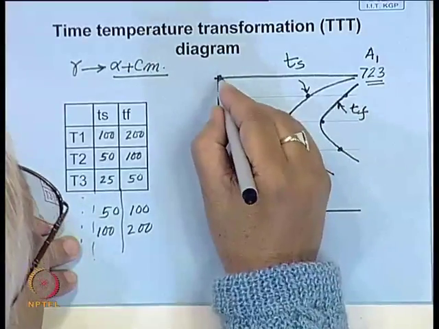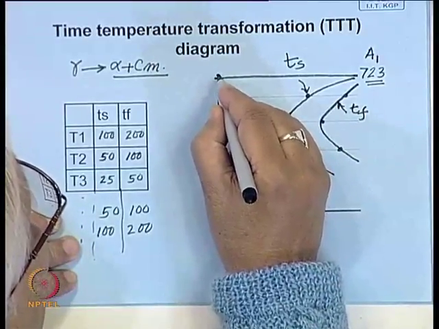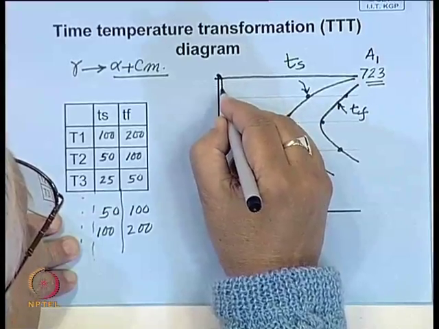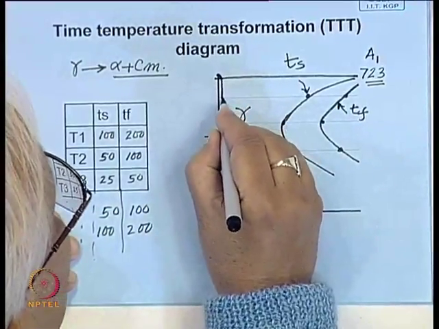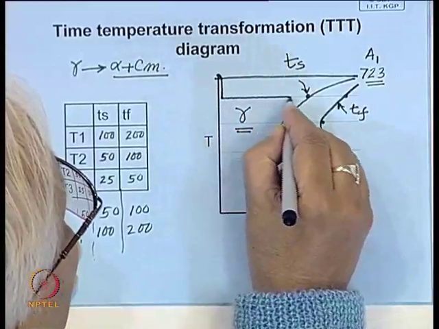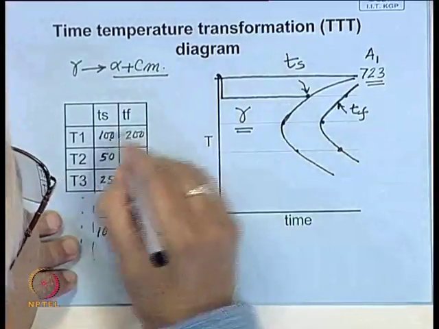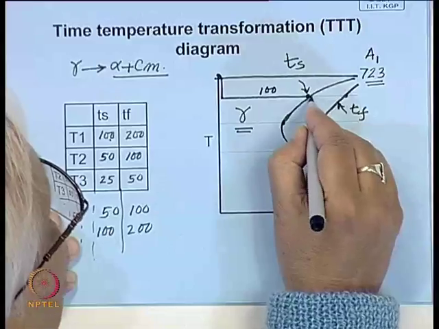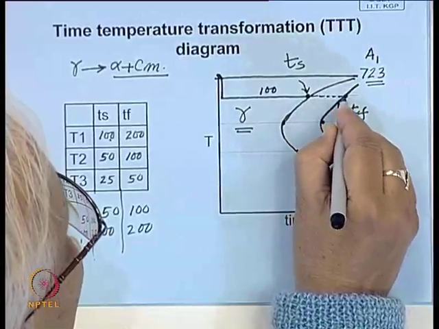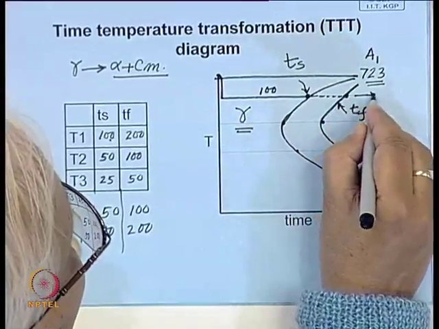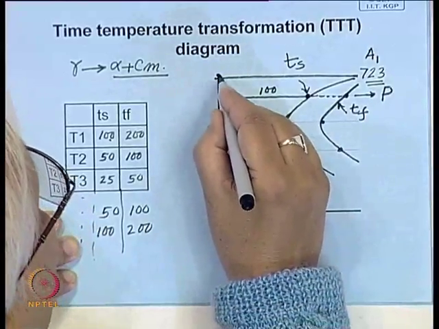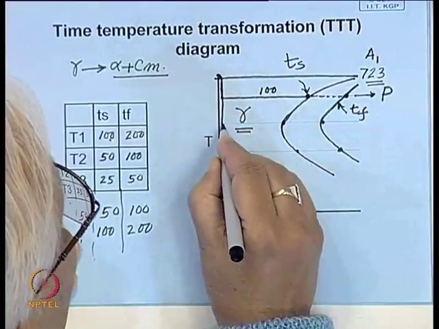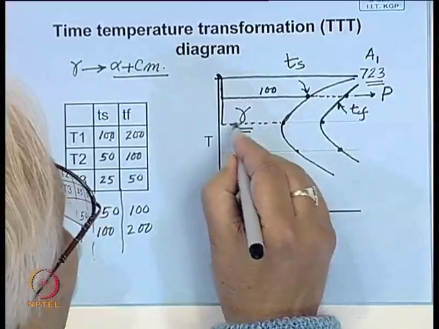Visually, what we are doing is cooling it like this, then holding it for some time. Let us say this is 100, the transformation starts and then it is completed here and you get perlite. Similarly, in the second case you are cooling it here and holding your several samples.